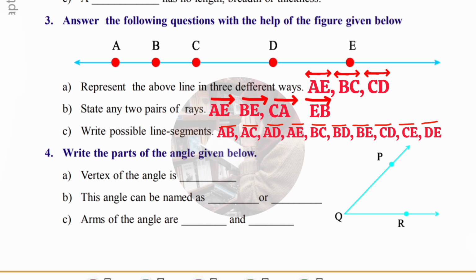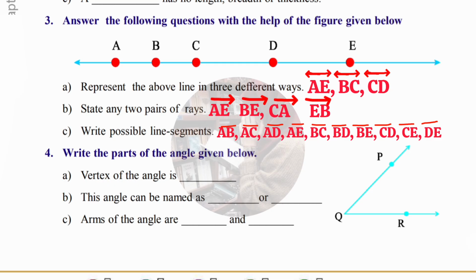Okay guys, let's move on to the last question, which is question number 4. The question is write the parts of the angle given below. So guys, here one picture is given of angle PQR, or else you can say RQP. By seeing this picture we need to answer the following questions.